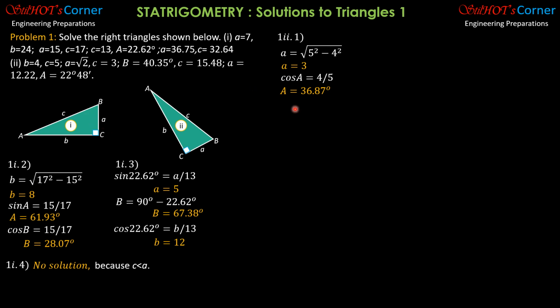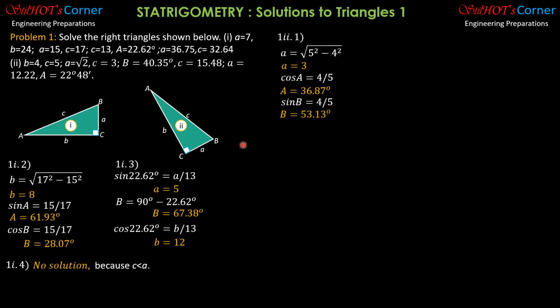Then to solve for B, it's either 90 degrees minus A, or we use sine of angle B equals opposite B, which is 4, over hypotenuse C, which is 5.